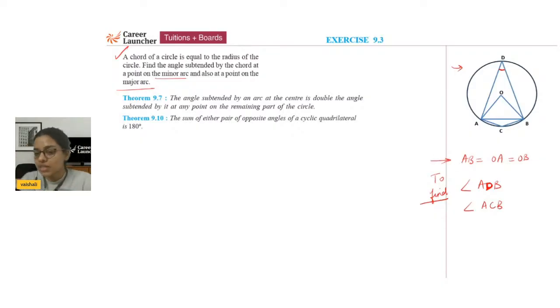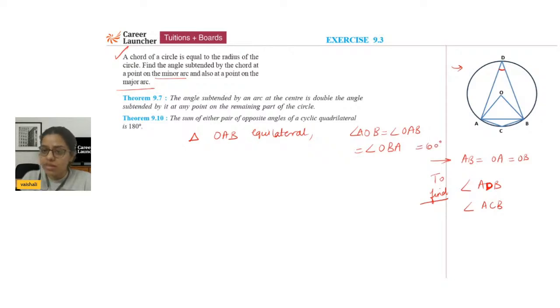So it means, can I say that my triangle OAB is an equilateral triangle because all the sides are equal to each other? So it means my angle AOB is equal to my angle OAB, which is further equal to my angle OBA, which is equal to how much? 60 degrees, right? In the case of an equilateral triangle, all the angles are equal to 60.